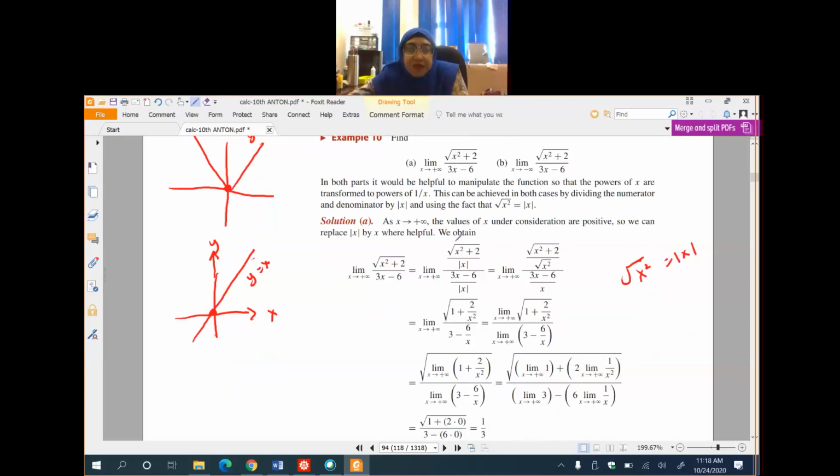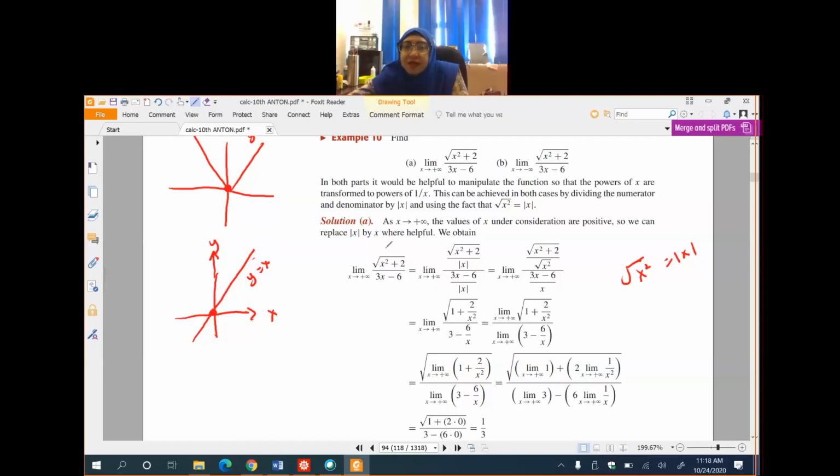So for the square root of x squared plus 2, you want to divide with the highest order of the denominator. We cannot use L'Hopital's rule in this case. In this case, the highest order of the denominator is this one, 3x, so you want to divide with x.